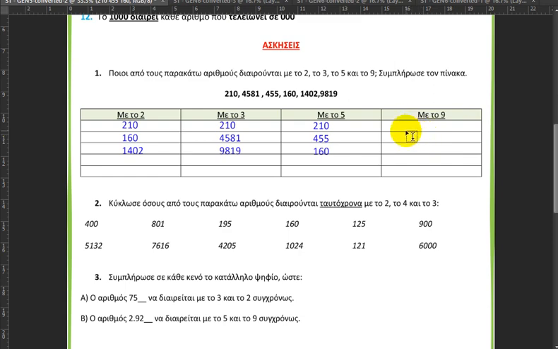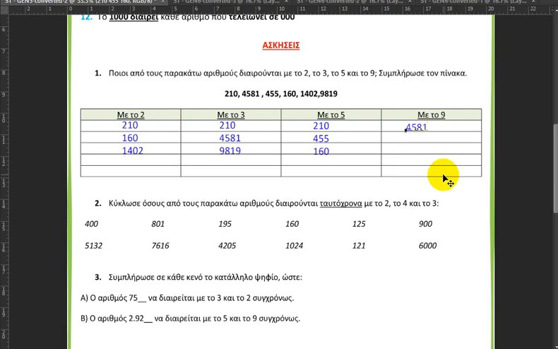Then by 9, the sum of your digits needs to be divisible by 9. So 210 is actually not. Then we have 4 and 5 and 8 and 1, which makes 18, which is definitely divisible by 9.